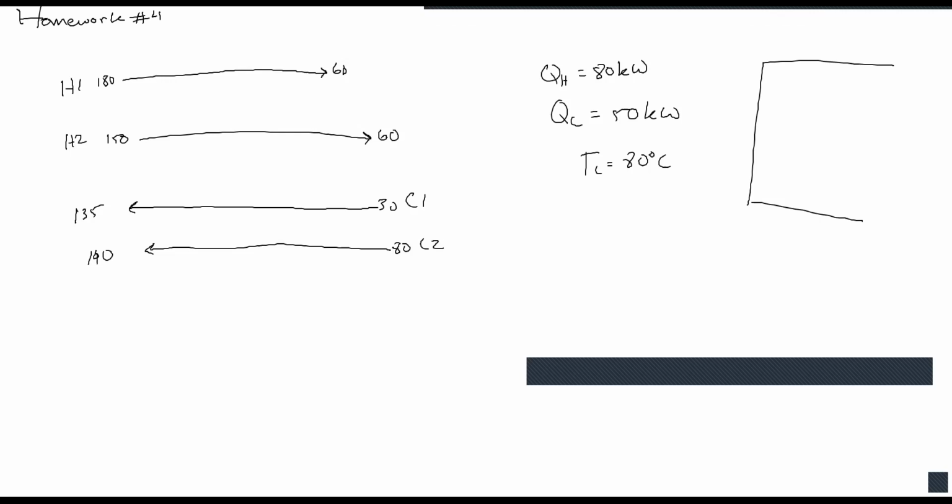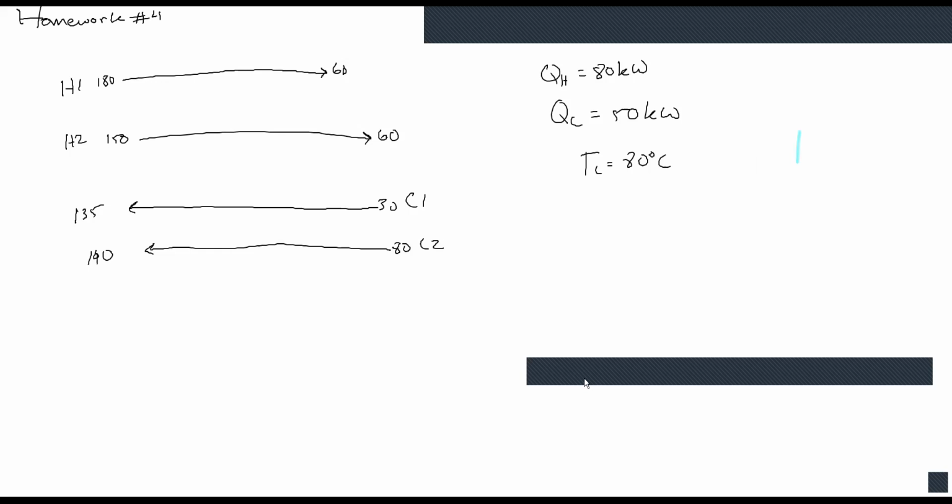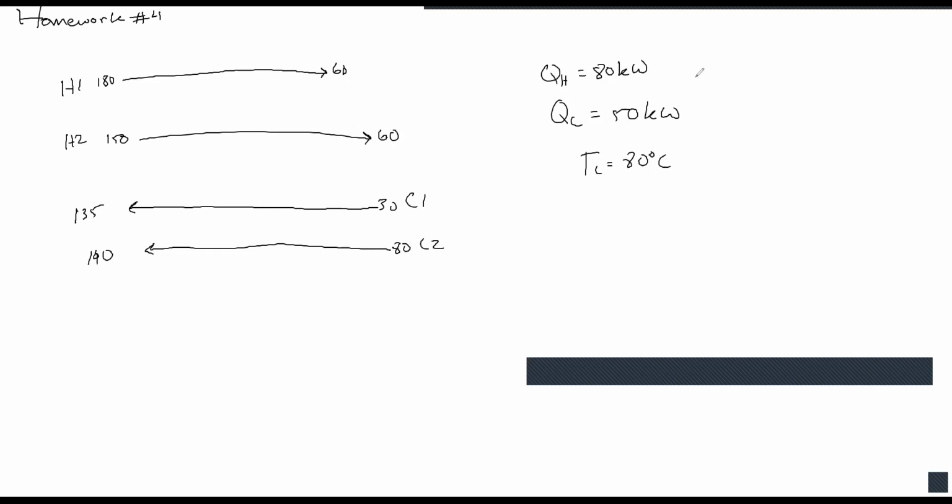Let me erase this. So the rules are there. Above the pinch, when doing our matching, our CP hot has to always be less than CP cool, and there is no cooling.